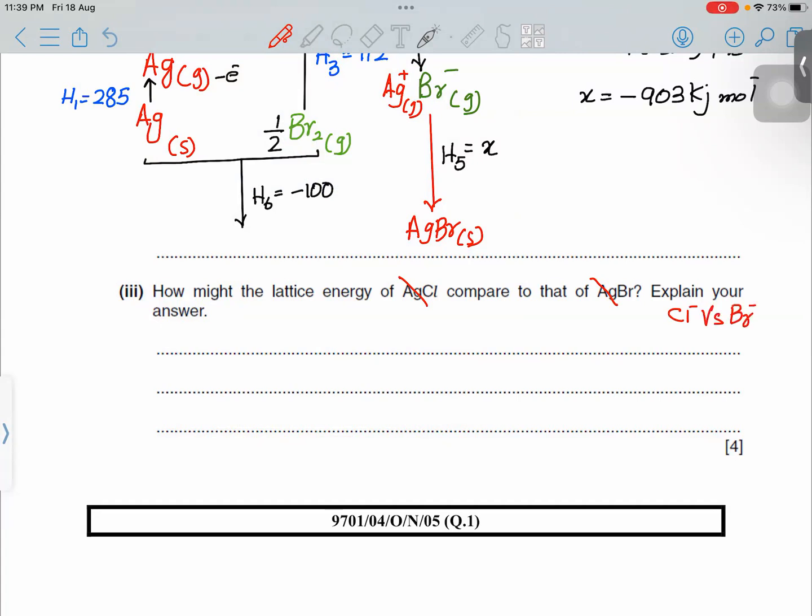So which factor again will be cancelled out? So charge will be cancelled out, right? So the only factor is size. So which one is smaller? So Cl minus is smaller. So which one has more lattice energy? AgCl will have more energy.